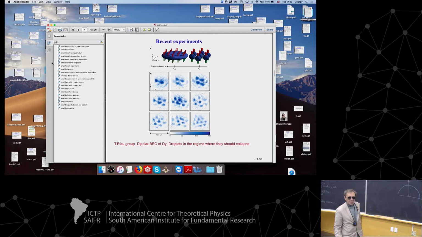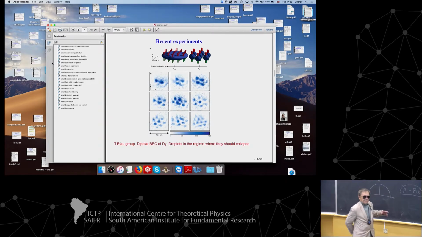As I already told you in the previous slides, for the dipole-dipole interaction in a trap plus short-range interaction, there should be a critical number of particles. Above this critical number, the effective interaction becomes negative and the system should collapse. Yes, that's what it was in my previous slides.